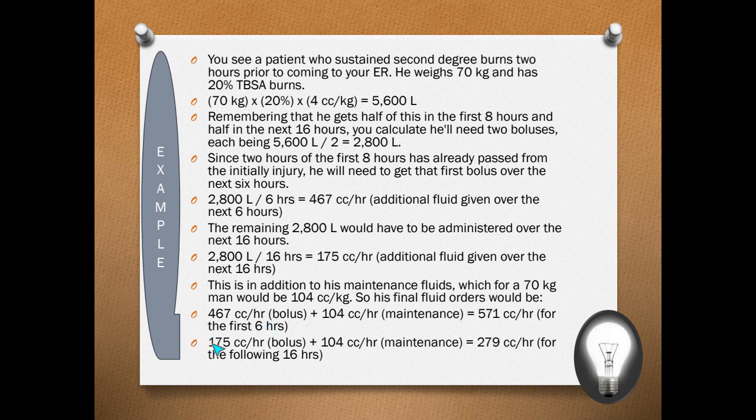And for the next 16 hours you add 175, which is the fluid deficit, plus 104, this is the maintenance, gives 279 cc per hour for the following 16 hours. Clear?